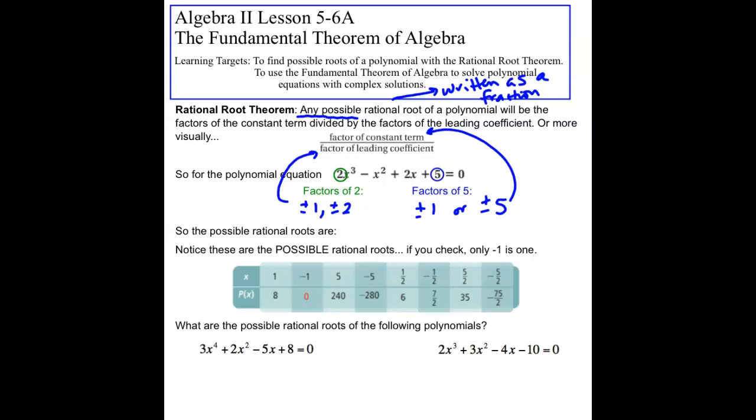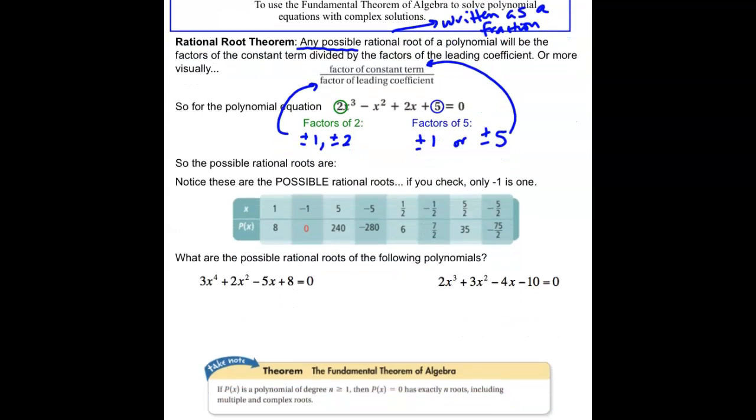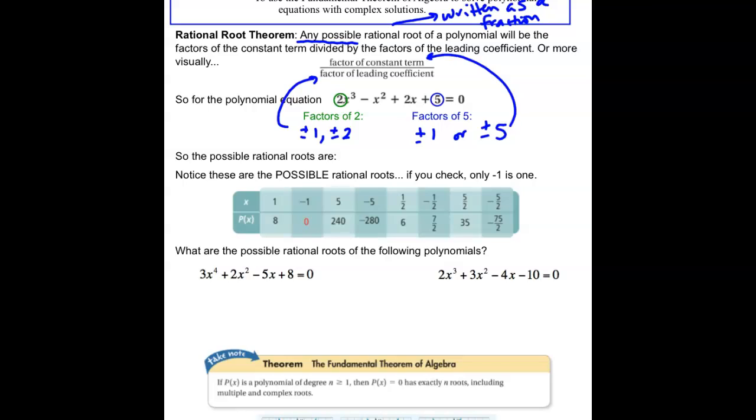Those would become our denominator. So what we're doing is we're looking at all the different combinations that have a 1 or a 5 for a numerator and a 1 or a 2 for a denominator. So possible rational roots for this particular polynomial would be these. We take 1 and 5 and combine with 1 and 2 for our denominator.